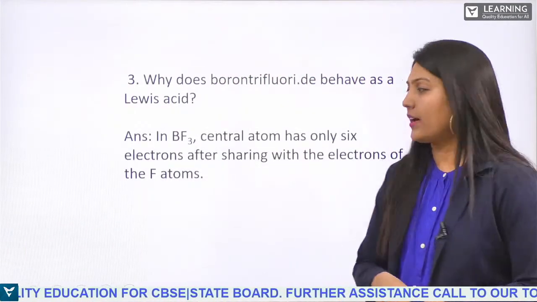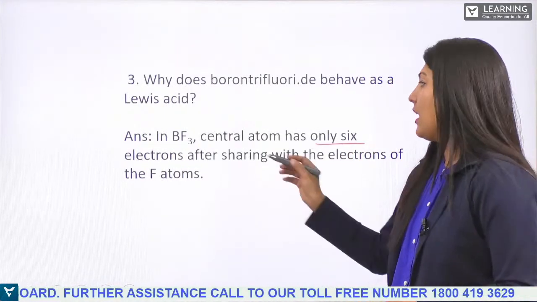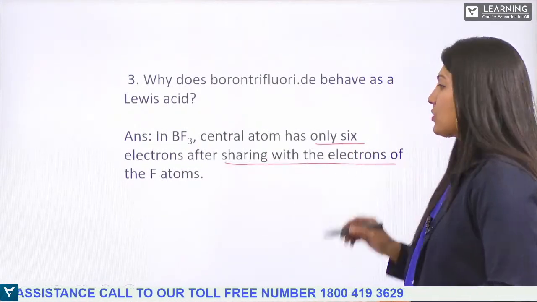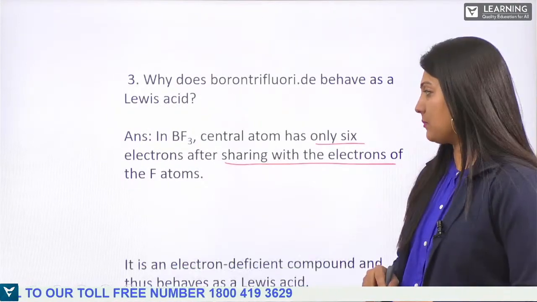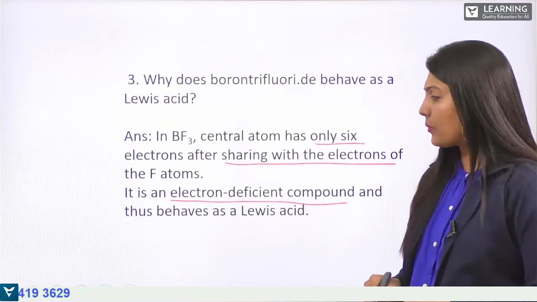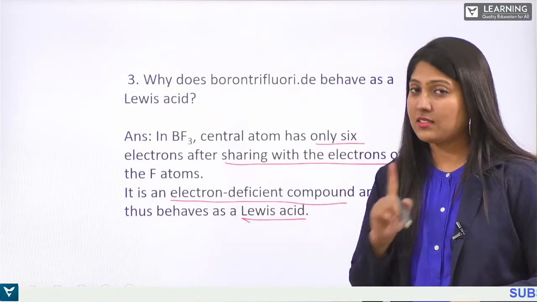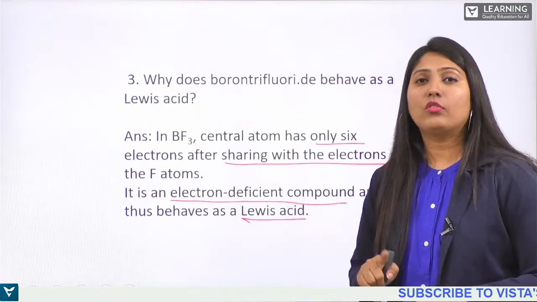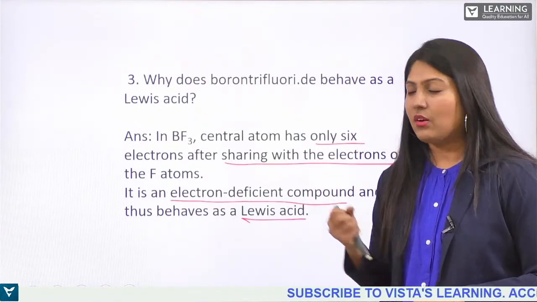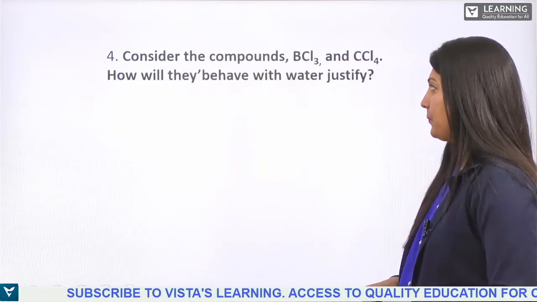In boron trifluoride, the central atom has only 6 electrons after sharing with the electrons of the fluorine atoms. So it leads to an electron deficient compound and behaves like a Lewis acid. What is a Lewis acid, students? Remember, gaining or attracting a lone pair of electrons leads to a Lewis acid.